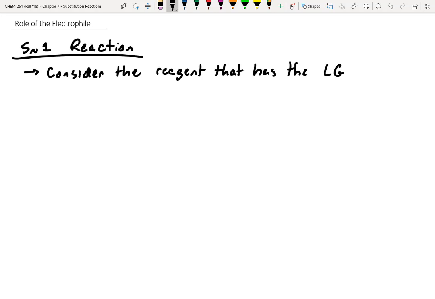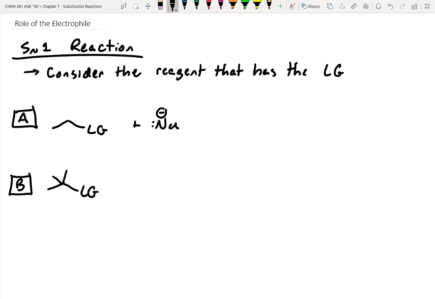Okay, so option A, I'm going to put down here. Let's say it looks like this, and we've got a nucleophile. And then option B down here has a leaving group coming off of a tertiary carbon, and then also a nucleophile hanging out.